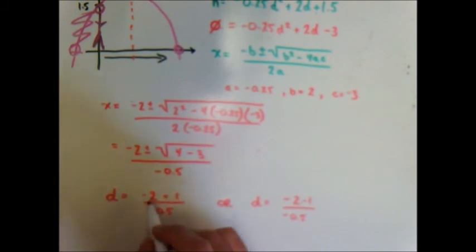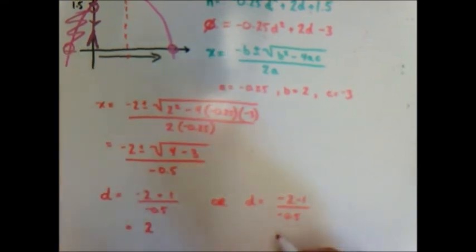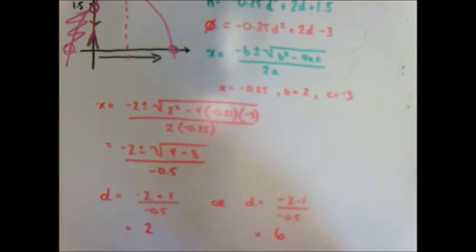Over here, we get negative 2 plus 1, that's negative 1, over negative 1/2, well, that's positive 2. And over here, we get negative 2 minus 1, which is negative 3, over negative 1/2, which is positive 6. So the horizontal distances, when the ball is at 4.5 meters in height, is 2 meters and 6 meters.